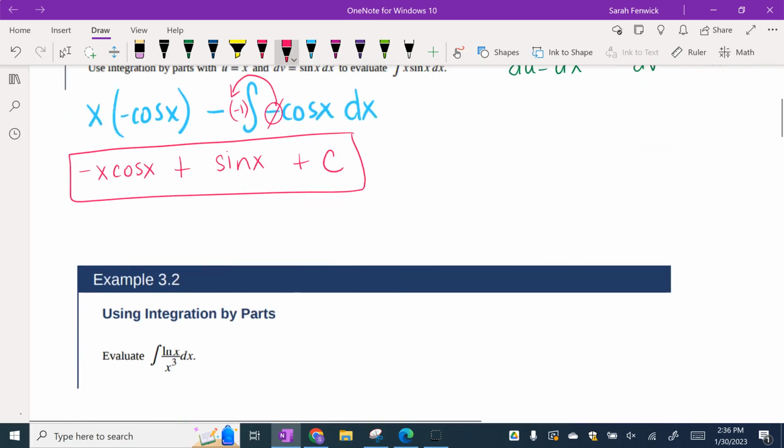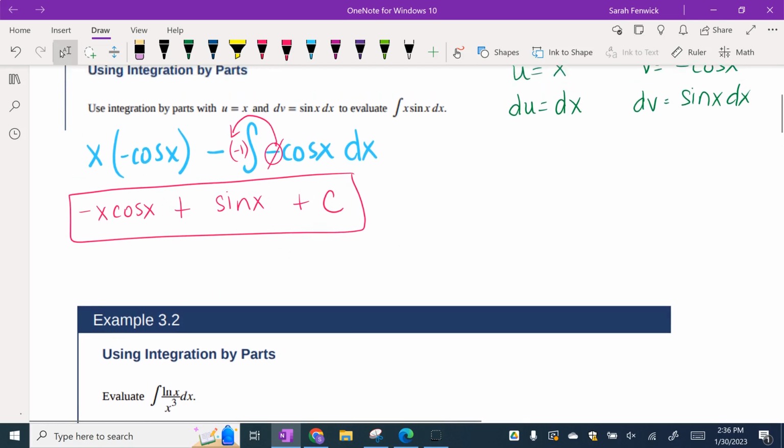All right. There is an acronym that is used to help figure out what to do: LIATE, which I don't think is a real word, but I didn't look it up.